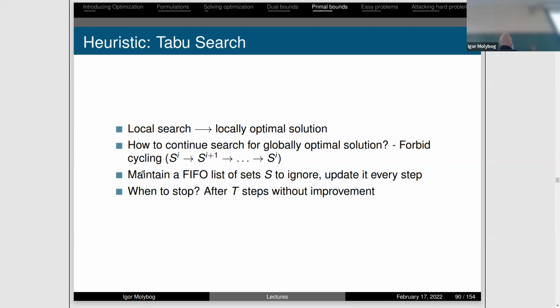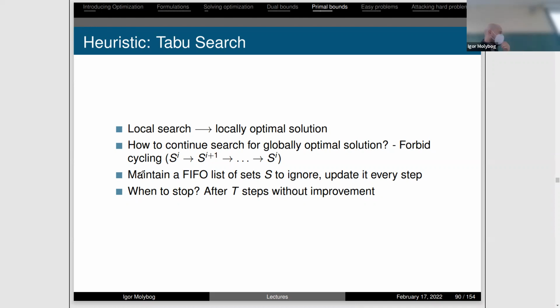So if we go up long enough, at some point we might switch to a separate valley that will bring us to a point with an even better objective value than we have had before.